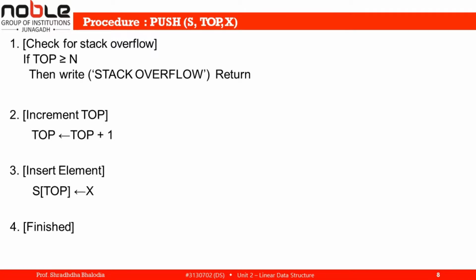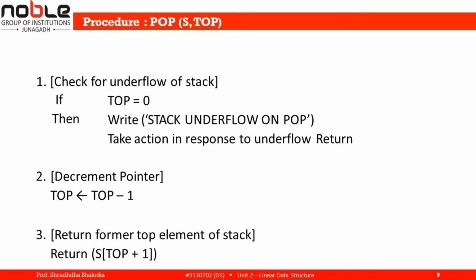Okay, now we move forward to the pop operation. The process of deleting an element from the top of the stack is called the pop operation. After every pop operation, the top is decremented by 1. Finally, when all the elements are deleted, top points to the bottom of the stack.